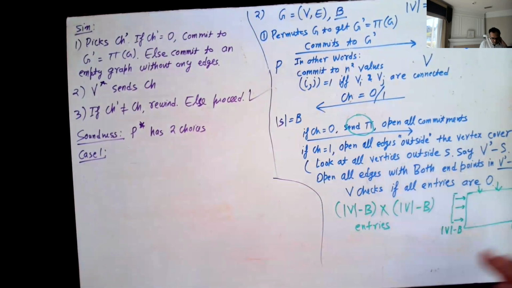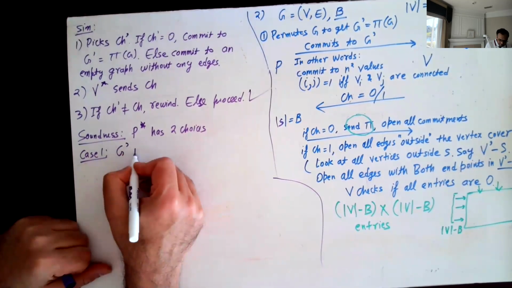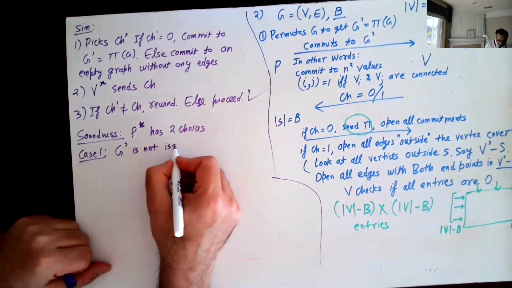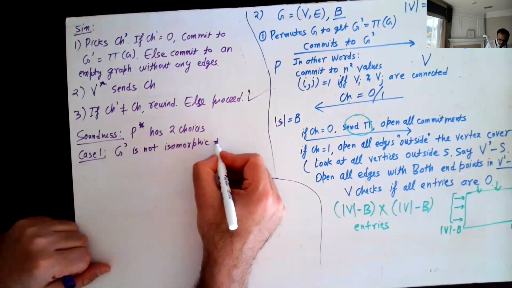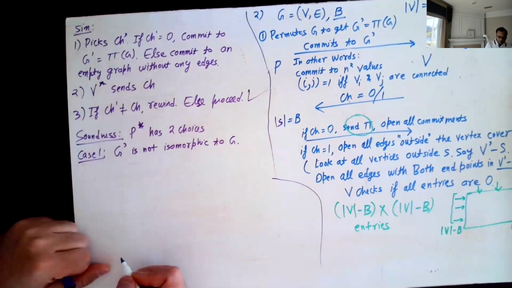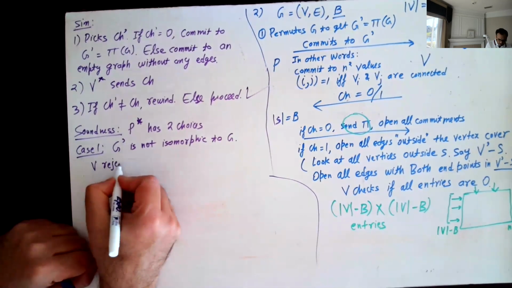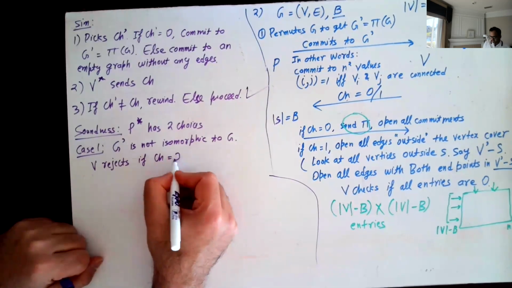Case 1 is G prime is not isomorphic to G. Okay, then V rejects if CH equals 0.